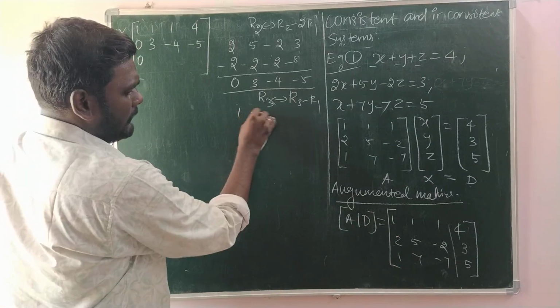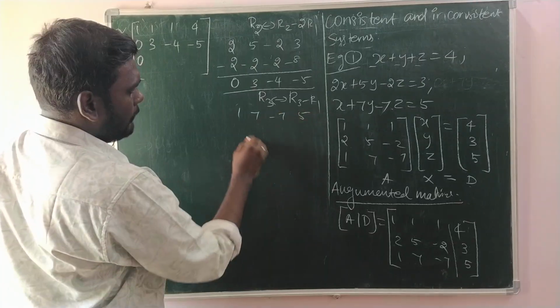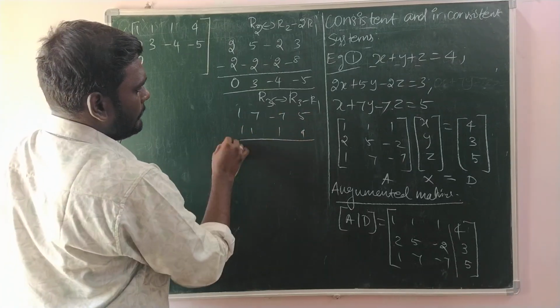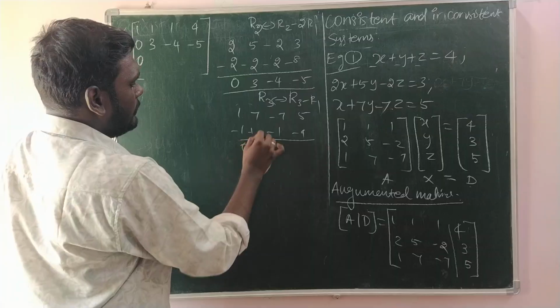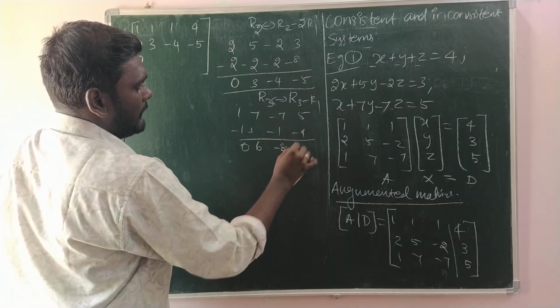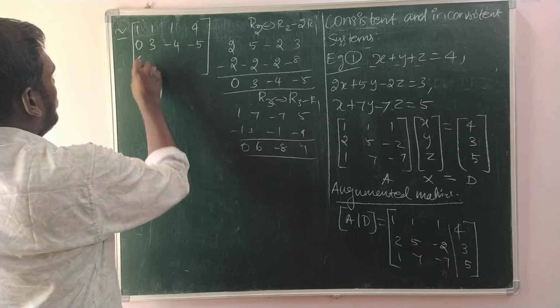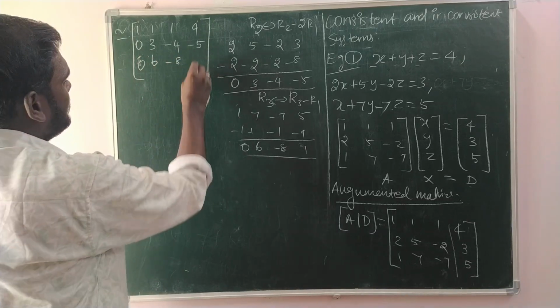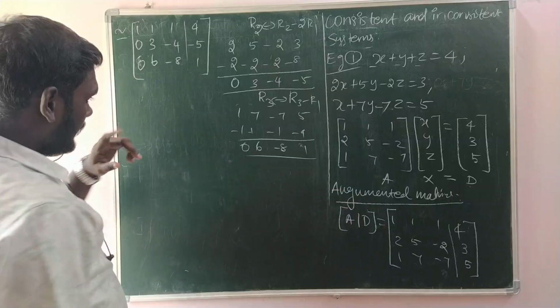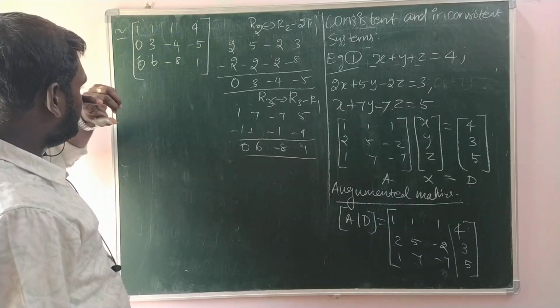Better write, man. 1, 7, minus 7, 5. To avoid mistakes. Subtract. So this is 0, 6, minus 8, 1. That reference bar at last we'll put, no problem.